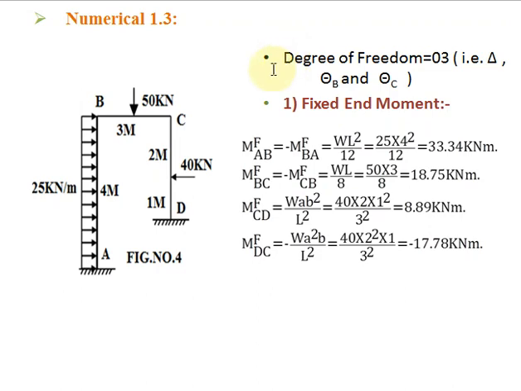We have gone through the degree of freedom. Also, we discussed how to find out fixed end moment for different loading conditions, when there is a UDL or point load. According to that, you have to find out fixed end moment.